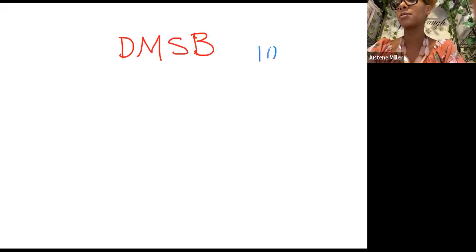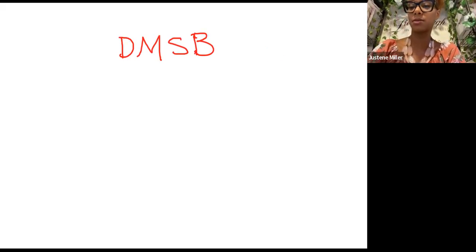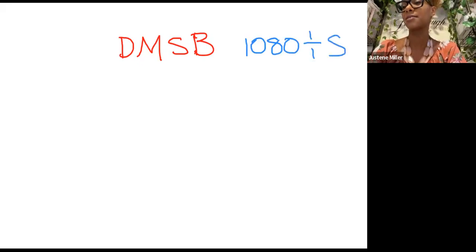And the next problem that we are going to do is going to be 1,080 divided by 8. So go ahead and set up your house with your divisor on the outside and your dividend on the inside.